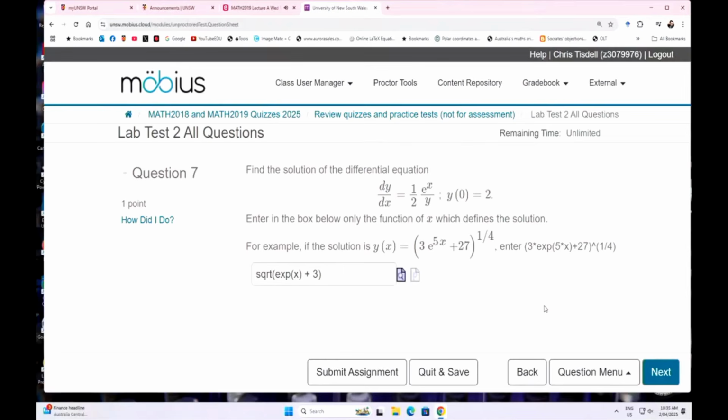Let's try it. Can we separate through multiplication or division? Bring the y over there, bring the x, bring the 2 up there. I think we can, right? Separable is probably the easiest. It's the entry level one for DEs, okay? So, yep, let's try it.